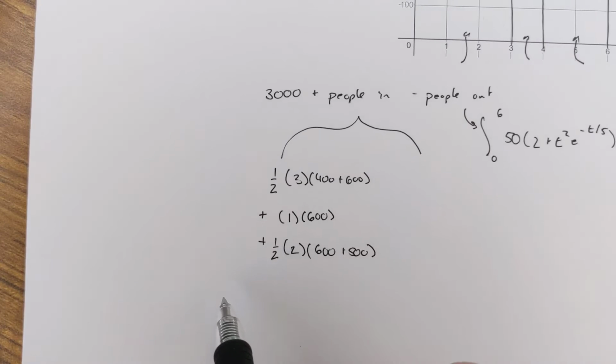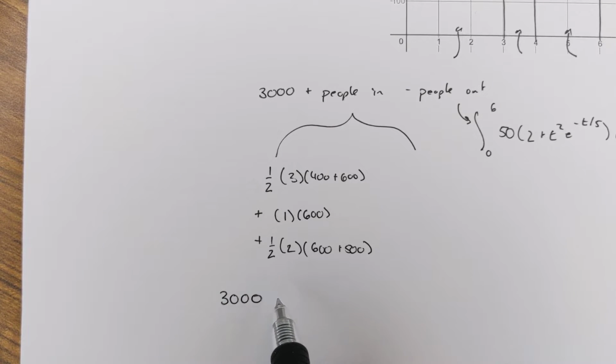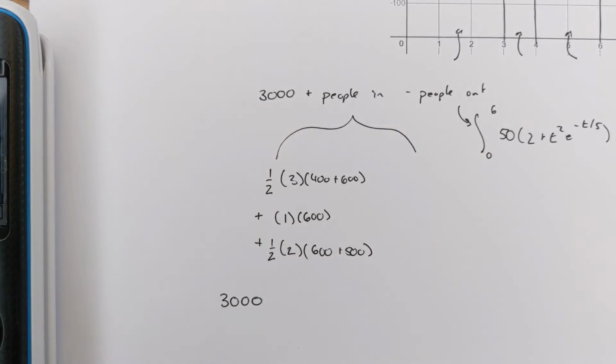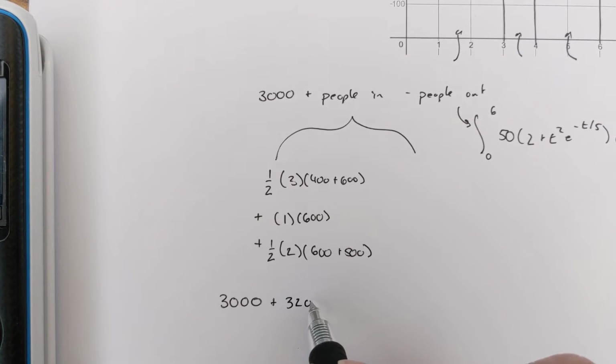So all in, we've got 3,000 people to start. 0.5 times 3 times 1,000 plus 600, plus 0.5 times 2 times 1,100. So a total of 3,200 people come into the park.